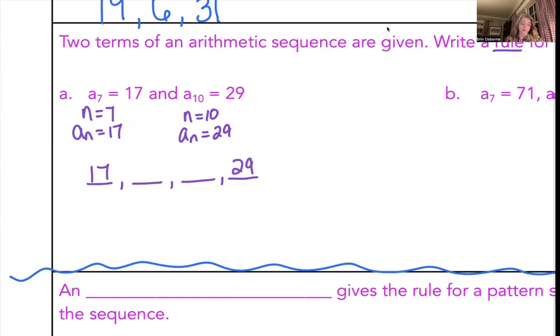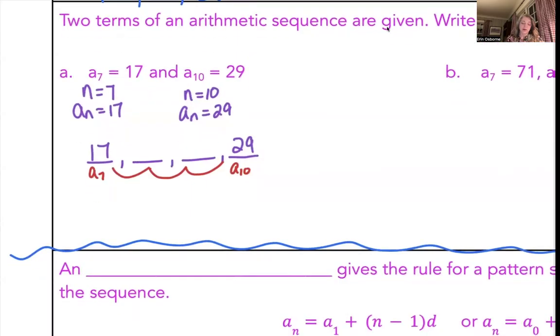So again, this is a sub 7 and this is a sub 10. What I usually find is the common difference in between every number, but I'm stuck with just having to take 29 minus 17 to find what that total distance is. That's 12.